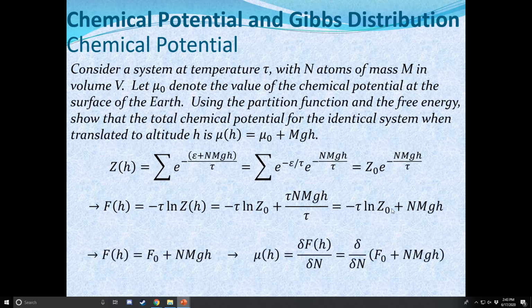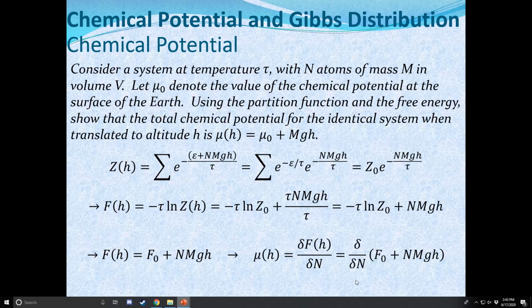Now we can actually combine this into F0, setting it as the base free energy, the initial free energy. And then, as we know by definition, the chemical potential is defined as the partial derivative of the free energy with respect to the number of molecules.